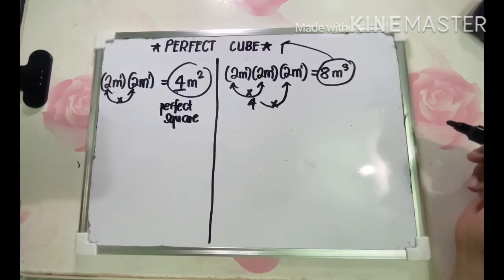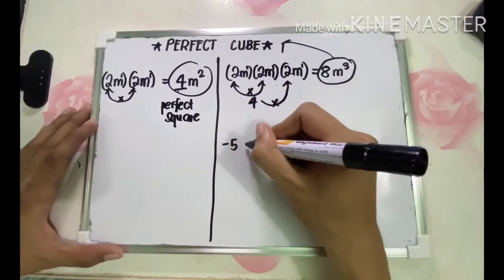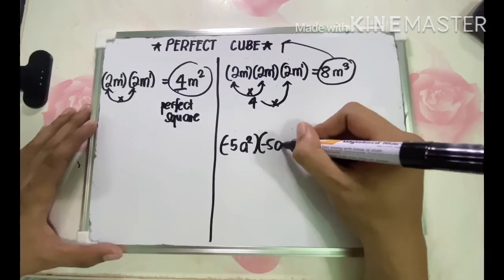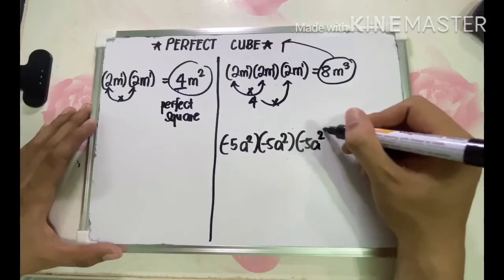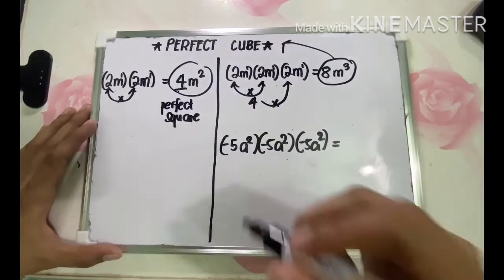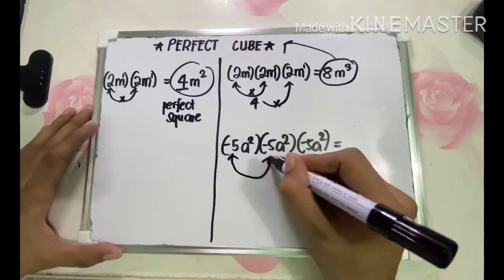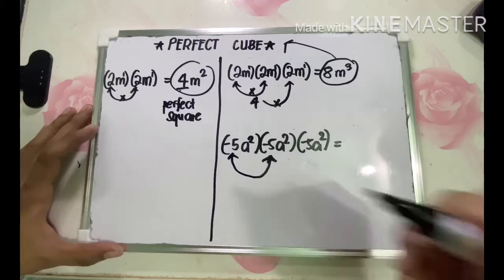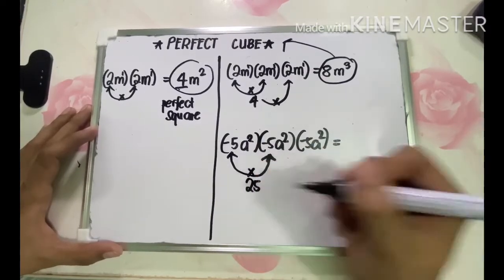Okay, let's try another example. We have negative 5a raised to 2, negative 5a raised to 2, or negative 5a squared, negative 5a squared. So multiply. Negative 5 times negative 5. Negative times negative, so we expect that the answer is positive. So negative 5 times negative 5 is positive 25.